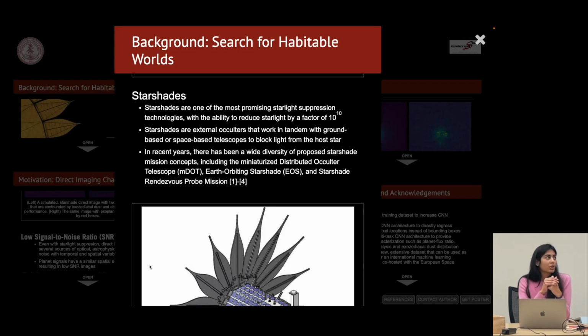We've seen many proposed starshade missions over the past few years that vary in size. If you guys are familiar with MDOT, of course, here in SLAB, the miniaturized distributed occulter telescope, as well as ranging to several orders of magnitude larger starshade mission concepts. These vary in size and also mission objectives.